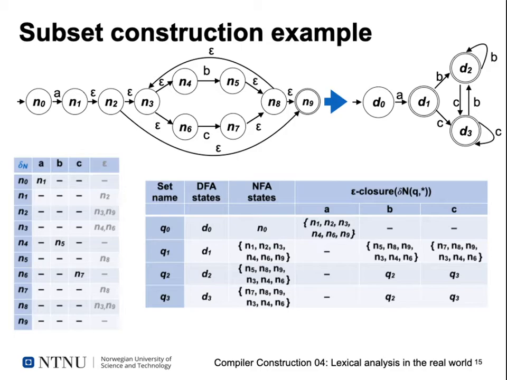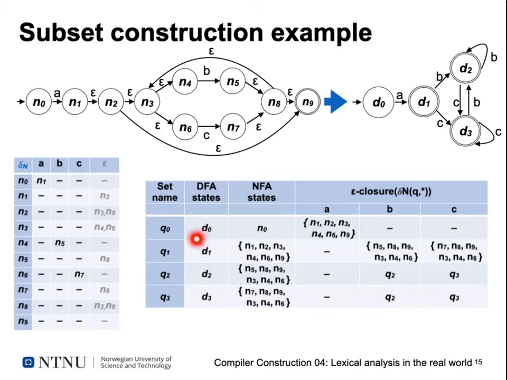So what we have here now on the left-hand side is our delta function for the non-deterministic automaton, and this one here is the same for our deterministic automaton. So now we have new sets of states, and these sets of states, Q0, 1, 2, 3, form the new states of our deterministic automaton, and these consist of one or more states of the non-deterministic one.